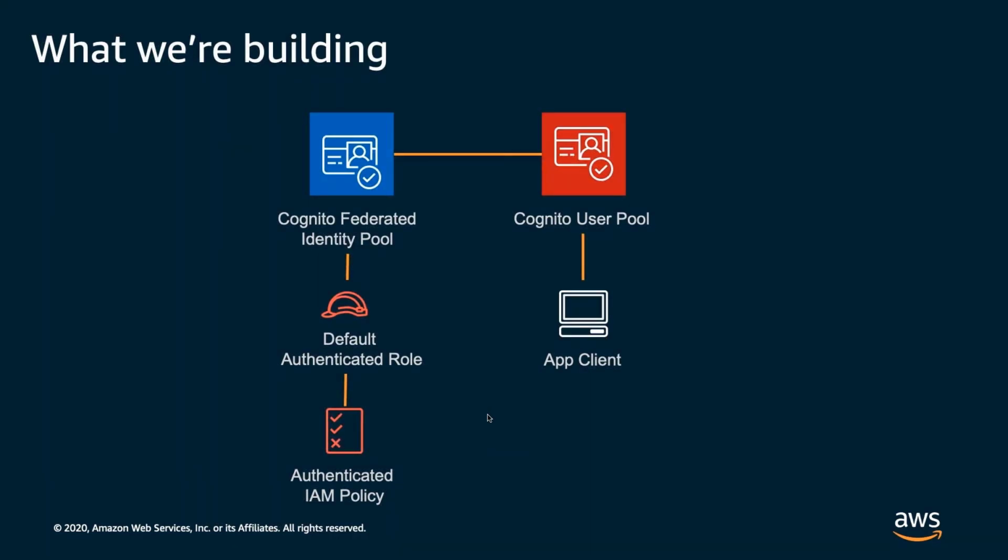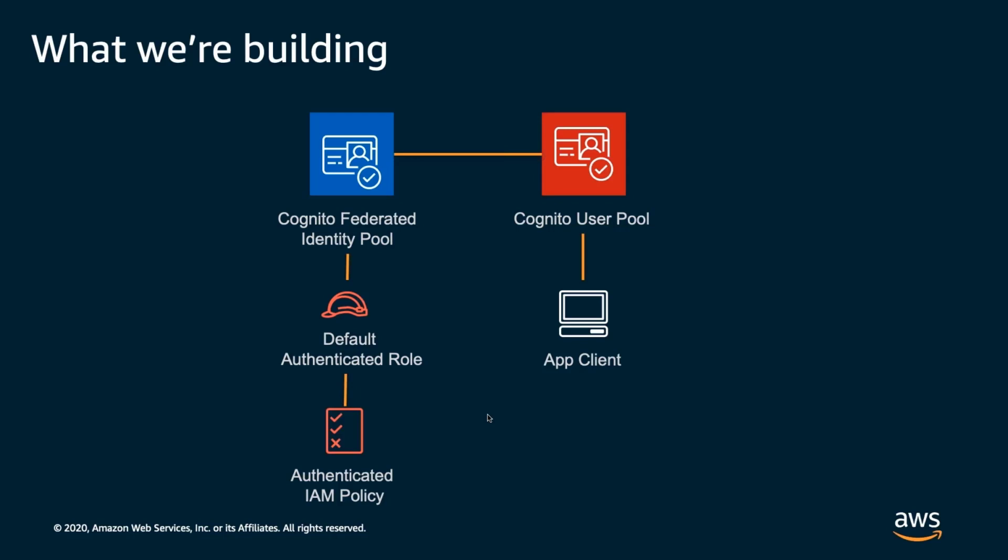Okay, so as I mentioned before, we're going to be using the auth category, primarily because it's the most popular category for Amplify applications. And there are actually several elements and a lot of features and a lot of options to configure. So it's not a trivial example, right? What we're going to build using the CDK template today is a Cognito user pool. That user pool will have an app client, right?